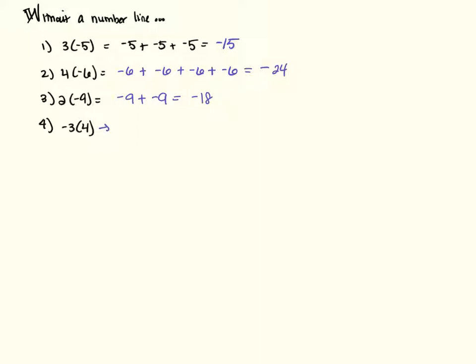You can actually switch it, because just like addition, okay, no matter which way you multiply, it's going to get you the same result. So just go ahead and represent this problem as 4 groups of negative 3. So that's negative 3 plus negative 3 plus negative 3 plus negative 3, which is negative 12.